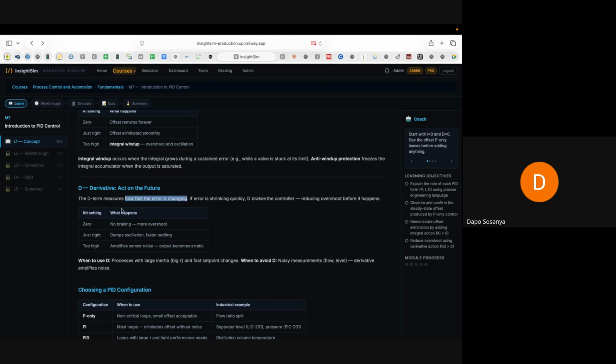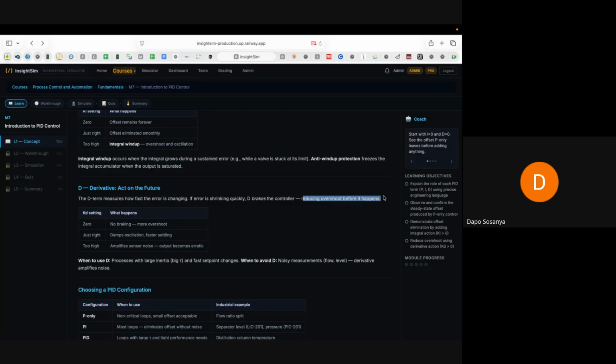So the derivative action measures that winding, and it warns you ahead: okay, slow down, slow down, so that you don't overshoot. The D term measures how fast the error is changing. If error is shrinking quickly, the D term brakes the controller and reduces overshoot before it happens.